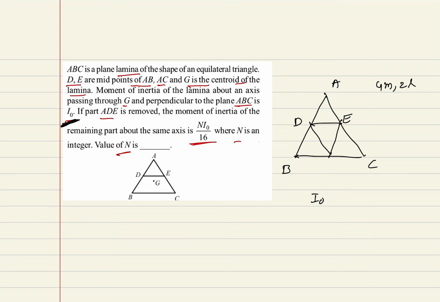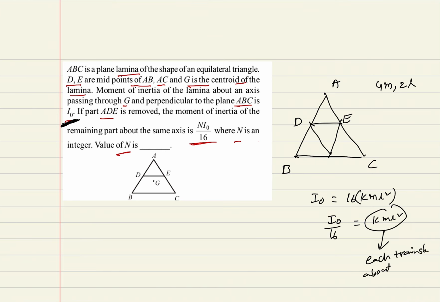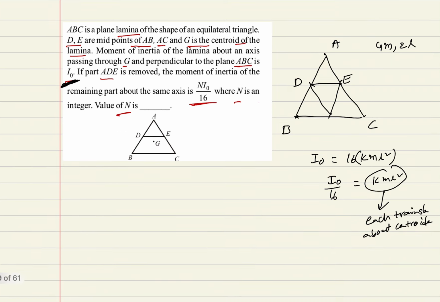As per the question, the moment of inertia of ABC is I naught, which is equal to 16 times K into mL square. Each triangle can be written as I naught divided by 16 is equal to K into mL square. This K mL square is nothing but the moment of inertia of each triangle about its centroid, like earlier.